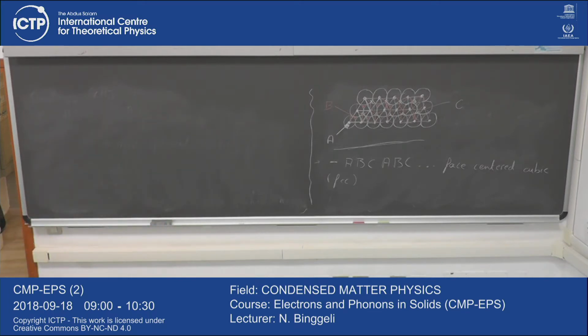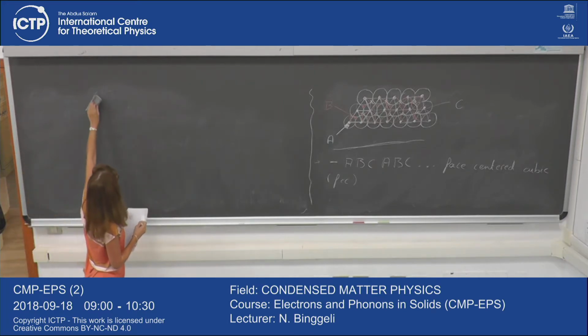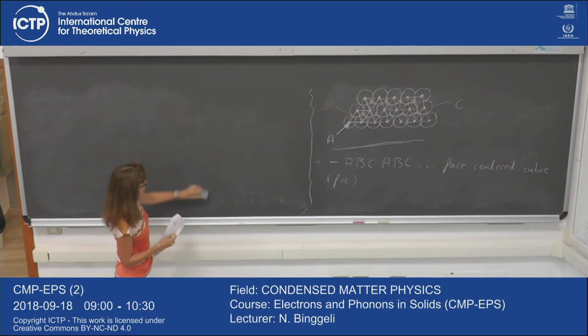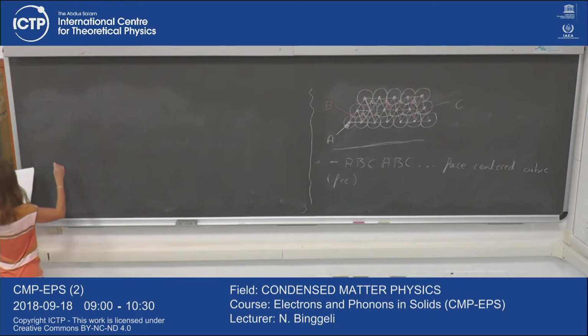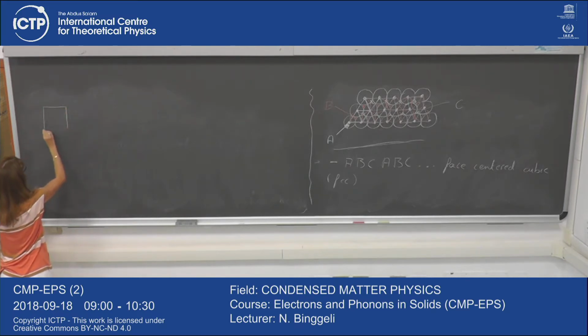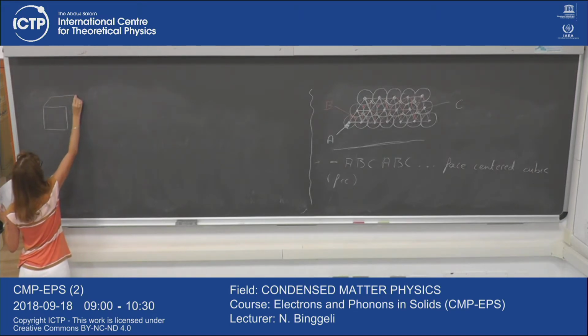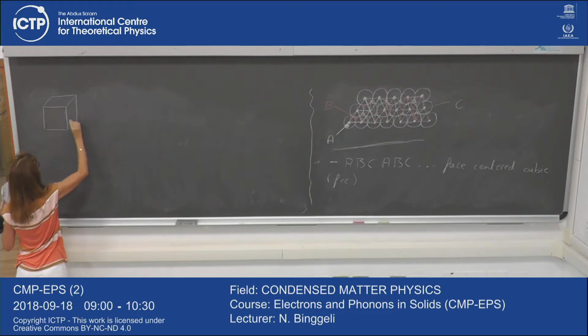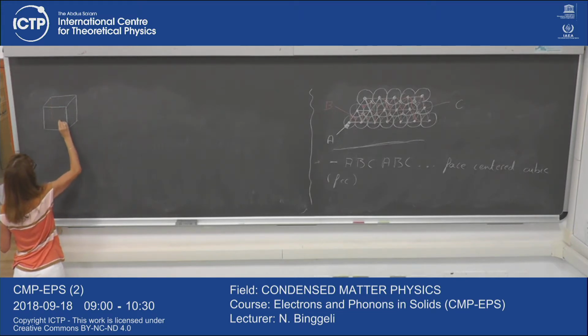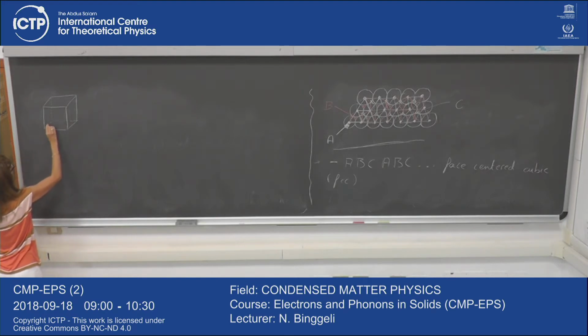Okay, so the face-centered cubic lattice, to describe it, it's a cubic lattice with 4 atoms in the basis. This is the conventional way to describe it. So I have a cubic lattice, a cube.